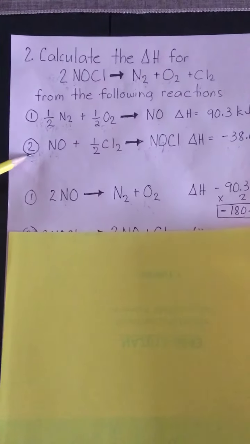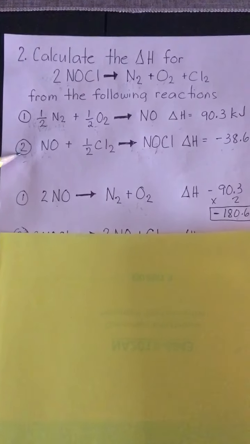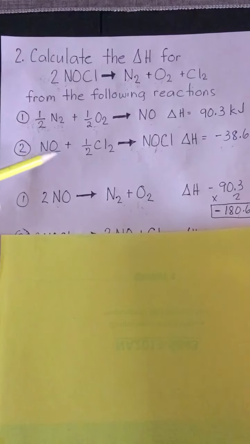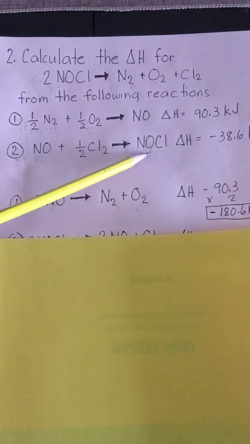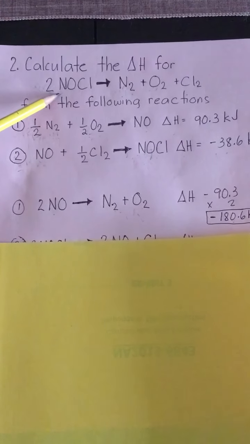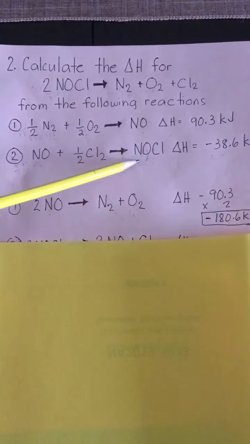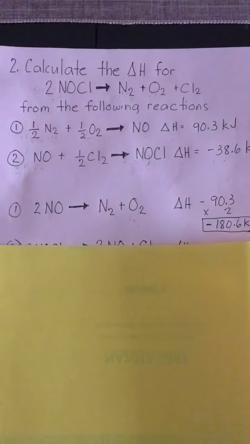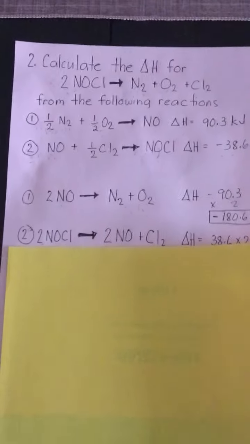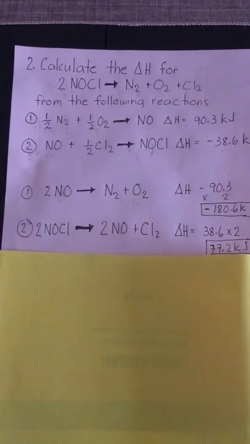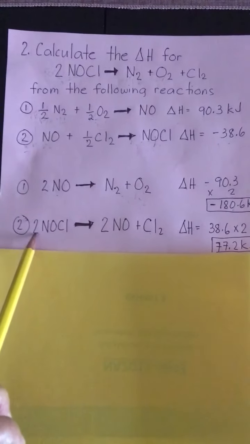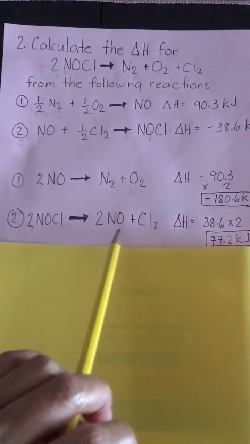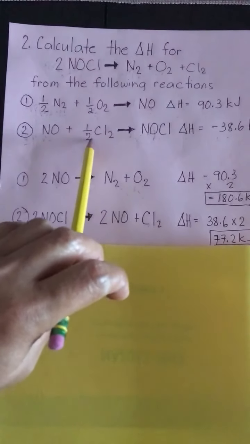Now, let's look at equation number 2. We said that we have to flip it because we want NOCl to be on the reactant side, and we also have to multiply it by 2 because the NOCl here is only 1, and in the desired equation we have a 2. So let's do that. We flip and multiply it by 2. We have 2 NOCl now to form 2NO plus, remember this one is 1/2 Cl2.